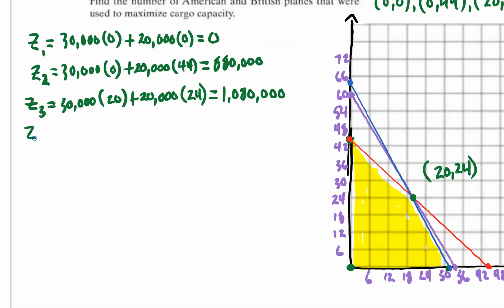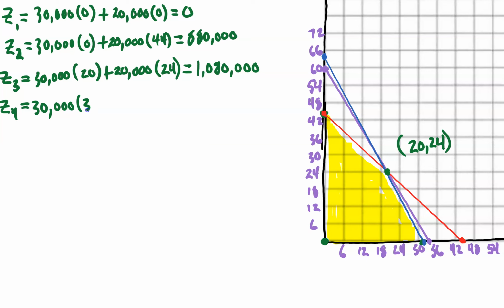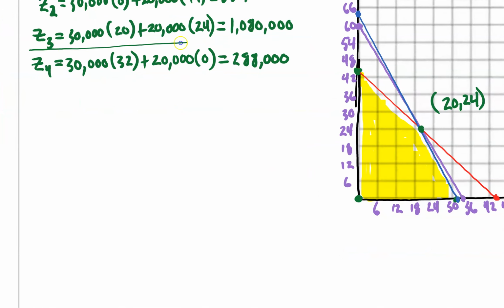And then Z4, well, that would be 30,000 times the x value here, which was 32, plus 20,000 times 0. This one gives you 960,000. So obviously it's this one right here that is maximizing.